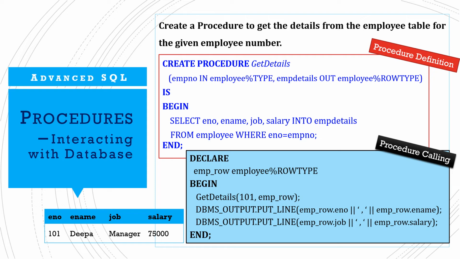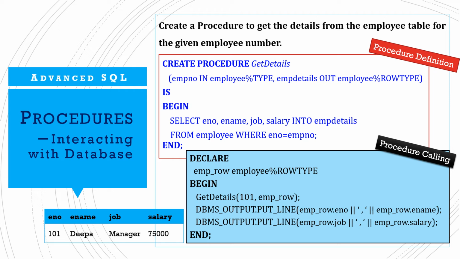So to make use of this procedure, we are going to call that procedure. We are again declaring a variable emp row, which has the same data type as a row in the employee table. Then in the executable section, we are calling this procedure get details with the emp number as 101, comma, and one of the parameters is in the out mode, right?